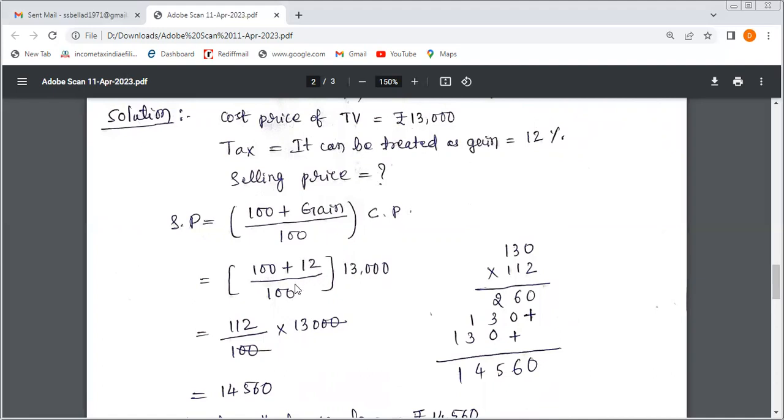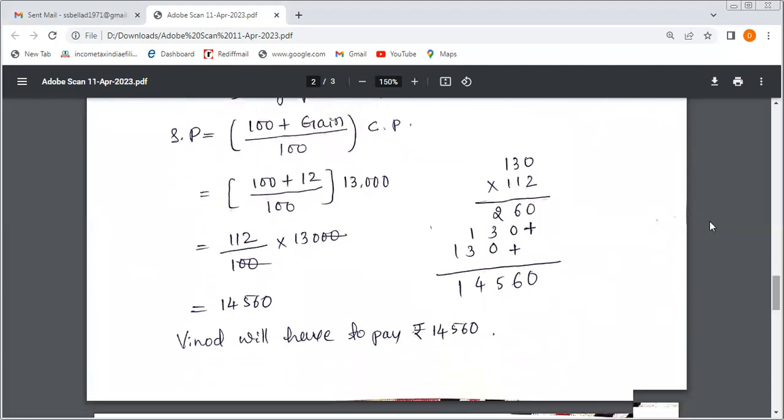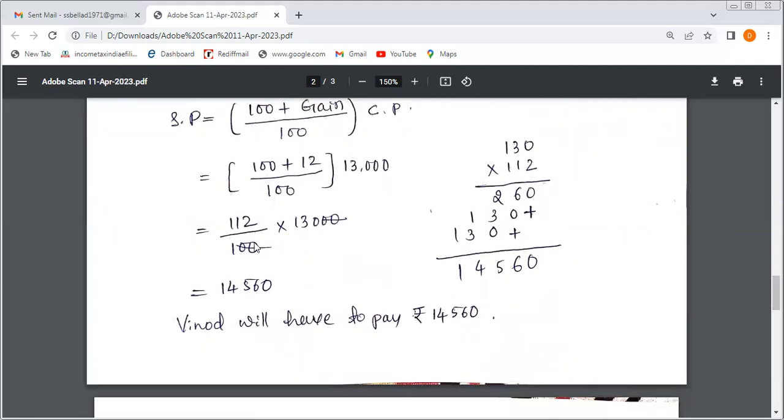So 12 we have to add here, divided by 100, into 13,000. So 100 plus 12 is 112, divided by 100, into 13,000. Here two zeros are cancelled: two zeros of this and two zeros of this get cancelled. And we have to multiply 112 into 130. That multiplication I have shown here: 130 multiplied by 112.